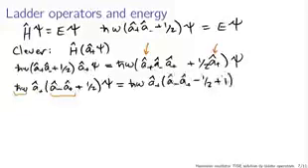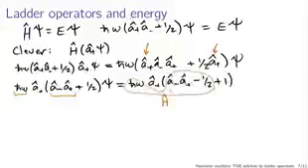I haven't changed anything now, except this piece. This is my Hamiltonian. I had two expressions for the Hamiltonian that I got from calculating the product of ladder operators. One if I did a plus first and then a minus, one if I did a minus first and then a plus, and they were different by the sign that appeared here. So the fact that this is the Hamiltonian allows me to rewrite things a little bit.